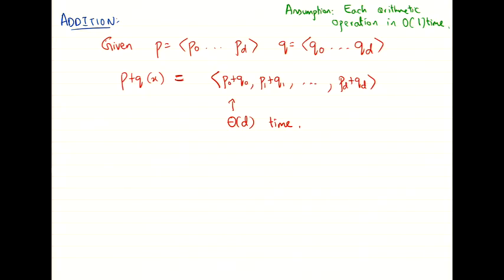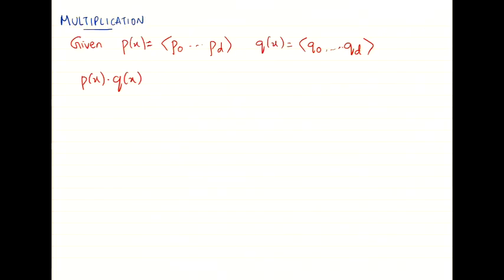So let's do something more interesting. So let's try to multiply polynomials. Okay, so what happens next? Okay, now we have two polynomials, p and q, and you want to multiply them.